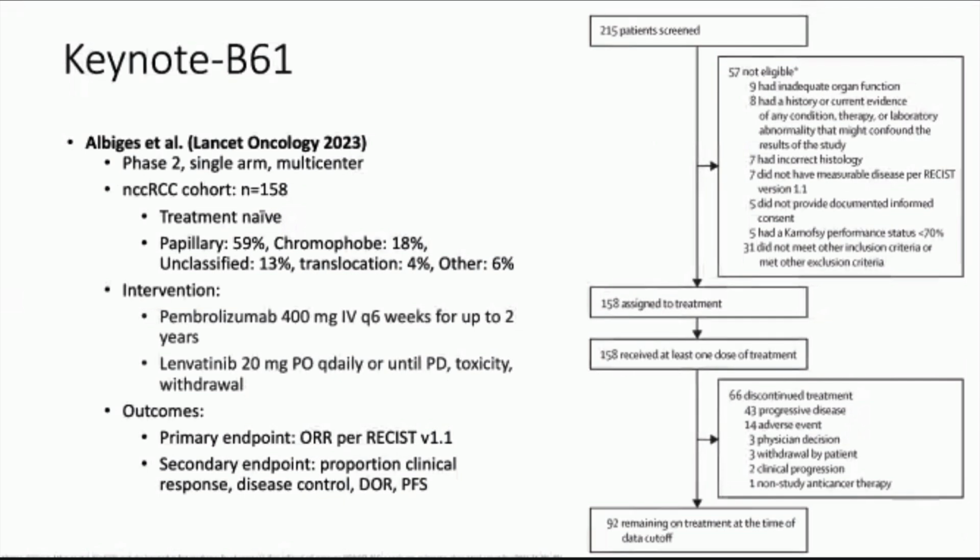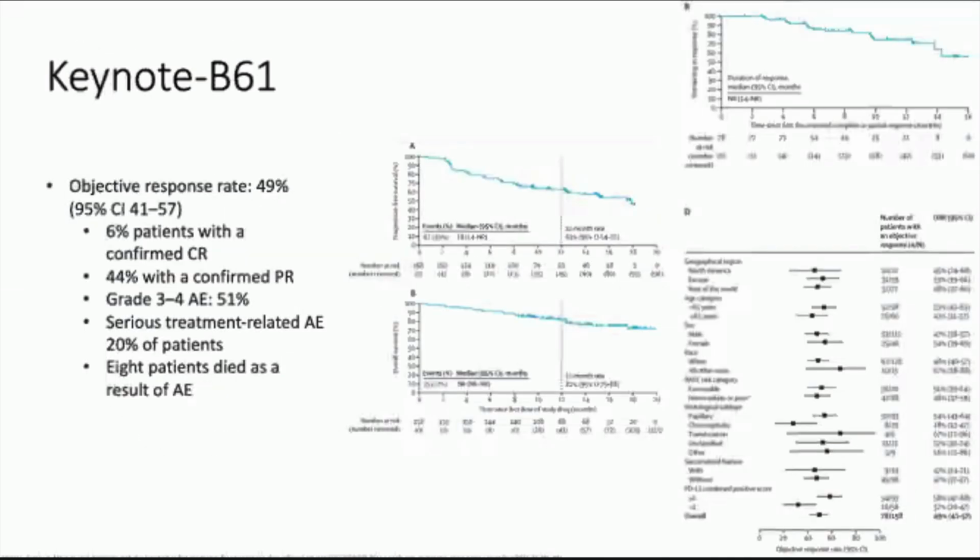So this next trial, KEYNOTE-B61, was published in the Lancet Oncology just this year. And this was a larger trial which recruited 158 patients with non-clear cell RCC to assess the efficacy of pembrolizumab and lenvatinib combination therapy. And the primary endpoint here was objective response rate per the RECIST criteria. The authors of this study reported an objective response rate of 49% overall.